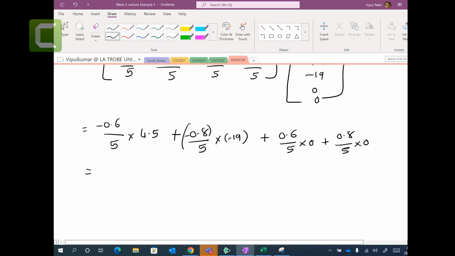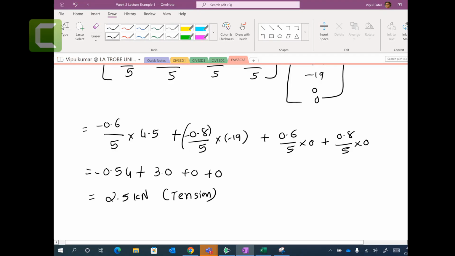So let me put that one in. 0.6 times 4.5 over 5, you got minus 0.54, plus 0.8 times 19 divided by 5, that is minus 3, plus 0, plus 0. So you get 2.5 kilonewtons, which is in tension.